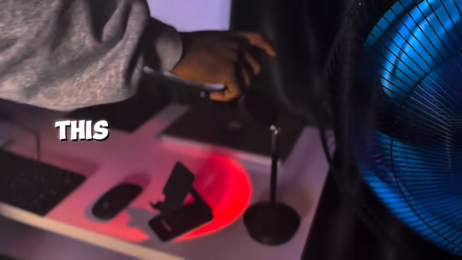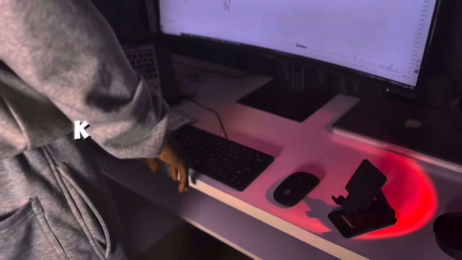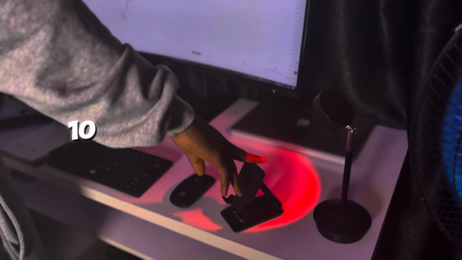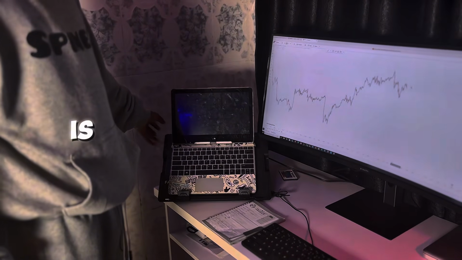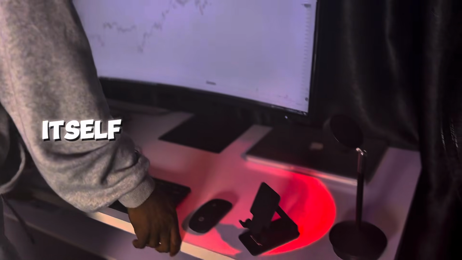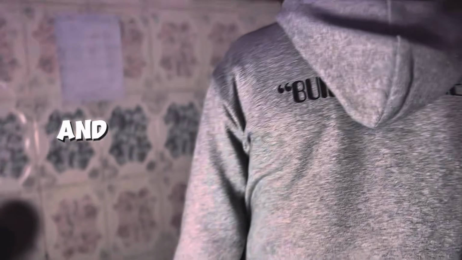This lamp was 25k, and the mouse is 10k, the keyboard is 10k. This one I think is also 10k. Yes, this is also 10k. And this fan stand, this laptop holder, is 20k. And okay, the main table itself costs 70,000 naira, and this chair costs 60k.